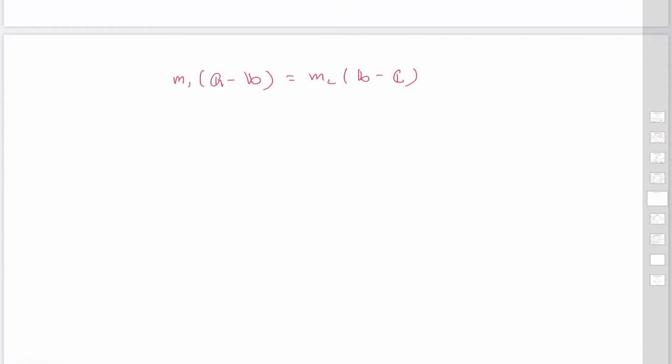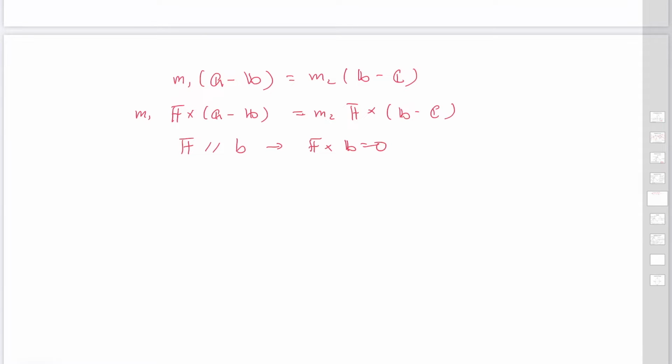If you take the vector product with F, m sub 1 F cross (A minus B) equals m sub 2 F cross (B minus C). F is parallel to B, so the cross product F cross B has to become 0.